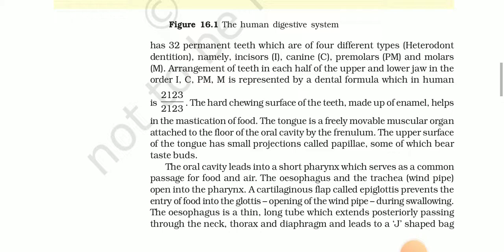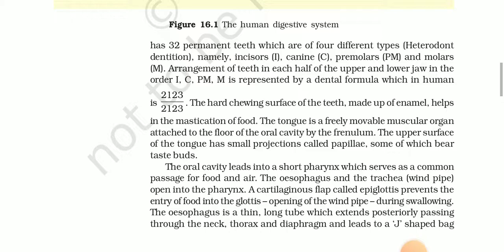The arrangement of the different teeth in each half of the upper and lower jaw is represented by a dental formula in the order of ICPMM, that is incisors, canines, premolars and molars, which is 2, 1, 2, 3.